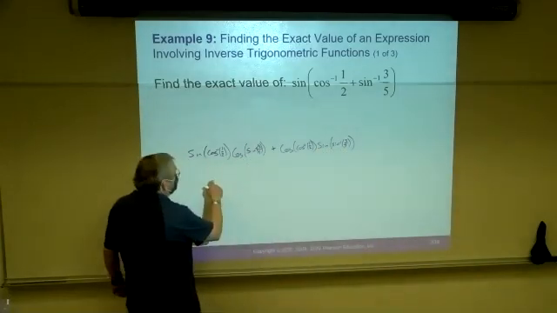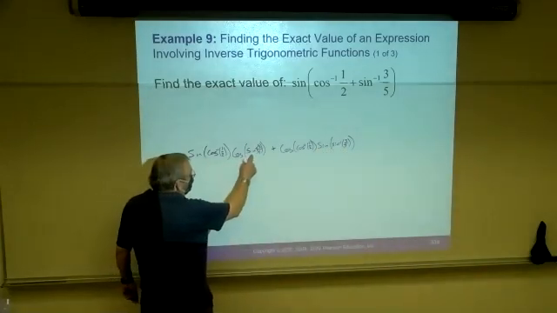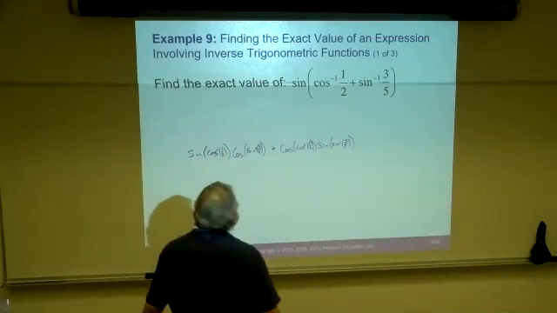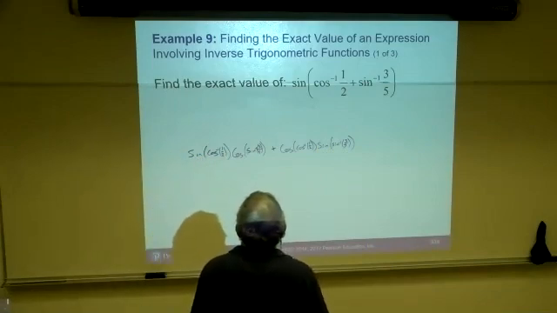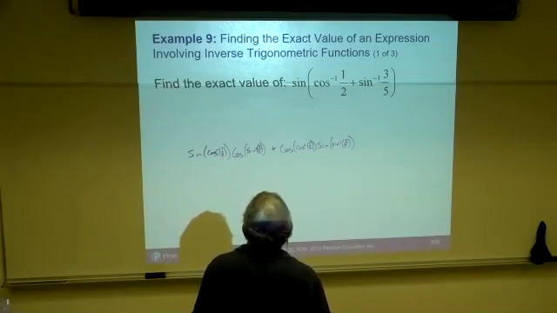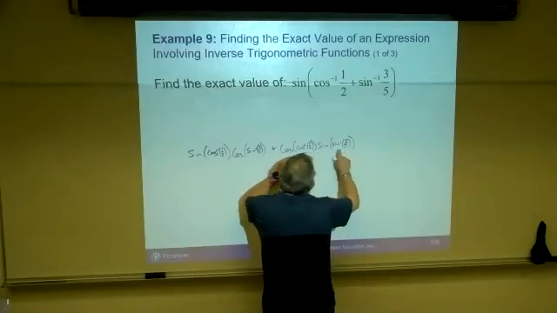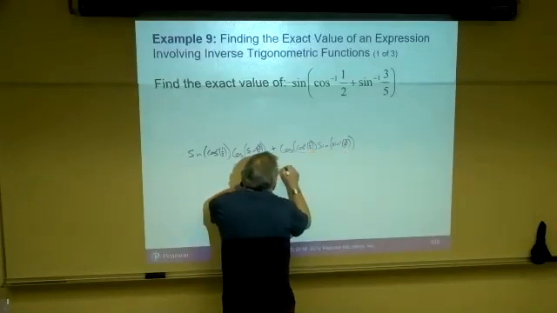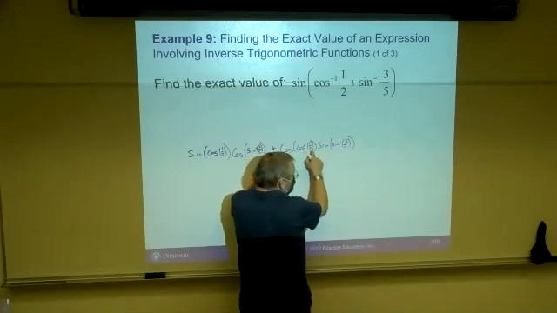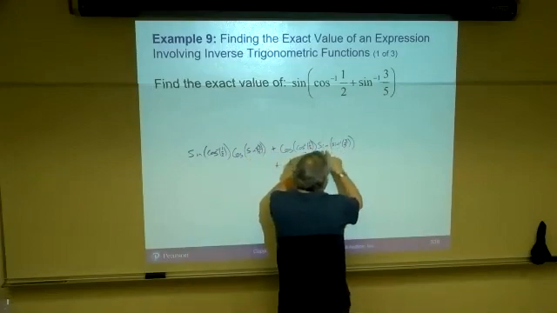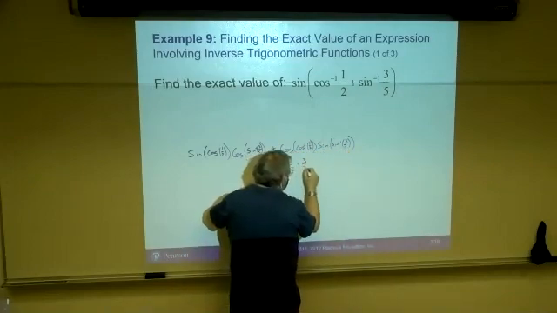Okay. Well, wait a minute. Over here, things work out, where cosine of cosine inverse is just the argument in here, which is 1/2, times sine of sine inverse, which is just the argument in here, which is 3/5.